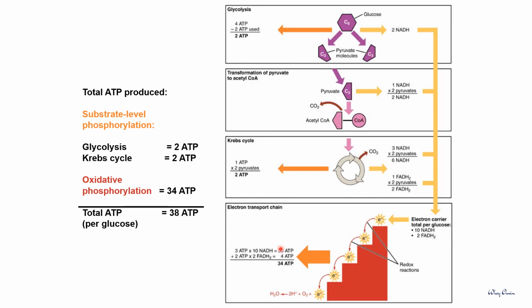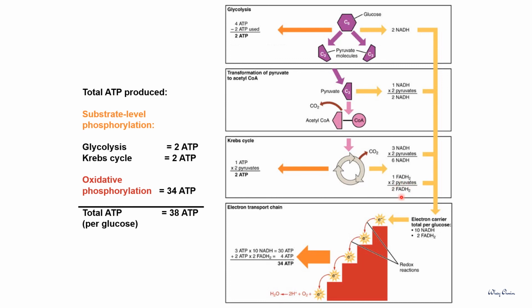And we look at another electron carrier, which is FADH2, which is only produced during the Krebs cycle. So from one glucose, it's able to produce 2 pyruvates and 2 acetyl-CoA that complete 2 times of Krebs cycle. So we have 2 FADH2.